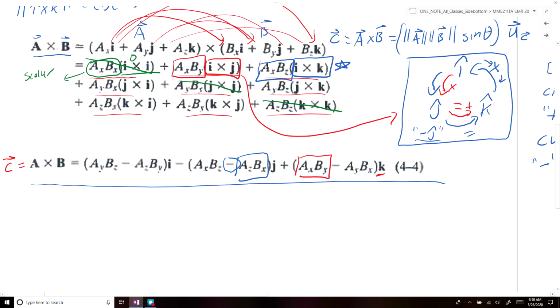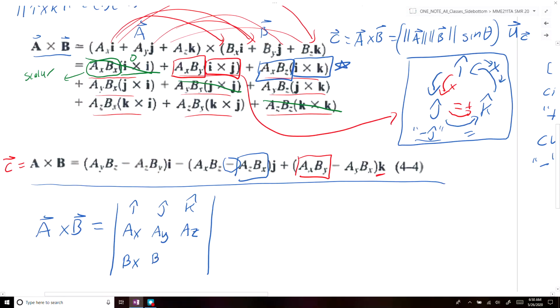So if we had two vectors A and B, and we want to find the cross product between those two, we can rewrite them like this: the top row of our 3 by 3 matrix will be the unit vectors I, J, and K. The second row will be our vector A, so it'll be the x component, the y component, and the z component of vector A. And the last row will be the x component, the y component, and the z component of vector B.